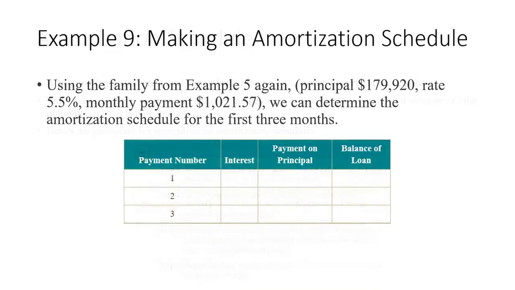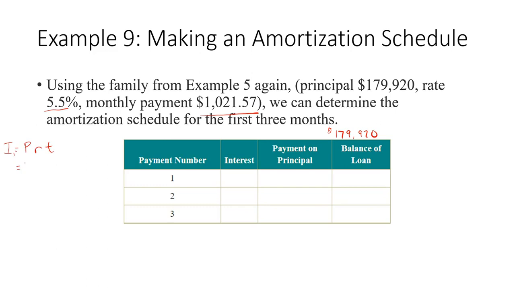So we're going to do a little bit of practice with this type of schedule. So we're going to go back to family 5 again. They have a principal on their loan of $179,920. Their rate is 5.5%, and they have a monthly payment of $1,021.57. So we can figure out this amortization schedule for the first 3 months. The interest here, I1, is equal to the principal times the rate times time.